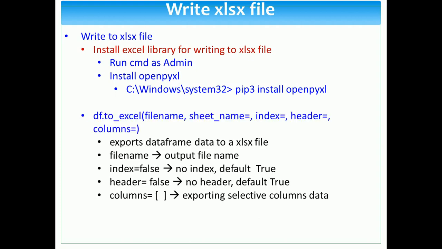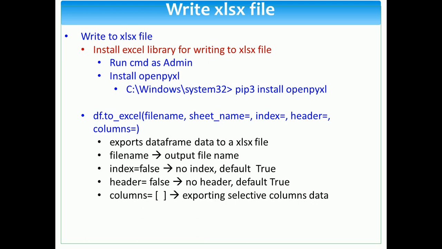The function that we will use: we will obviously have a data frame, and on the data frame the function to be used is to_excel. The to_excel function takes the file name, then the sheet name, if you want to create it with a particular sheet name.